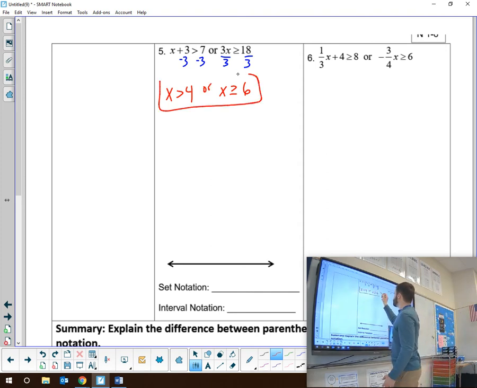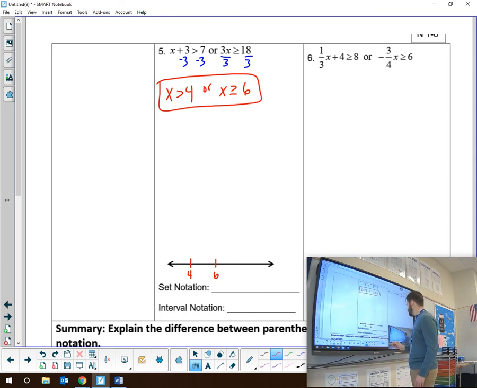So here's my answer. I'm going to put a point at 4, and I'm also going to put a point at 6. I'm going to leave open the point at 4, and I'm going to close the point at 6. Okay, now x is greater than or equal to 6, so from here it's going to go to the right.